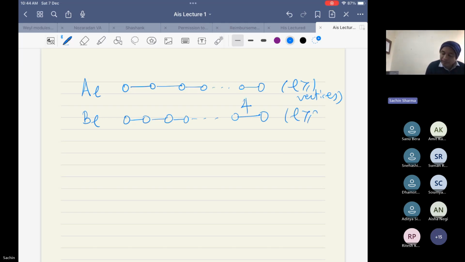This makes sense only when you have L greater than 2. The third one is DL. Fourth one is F4. Oh, this is G2.